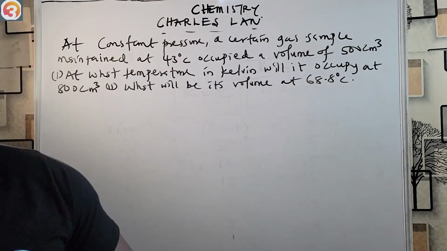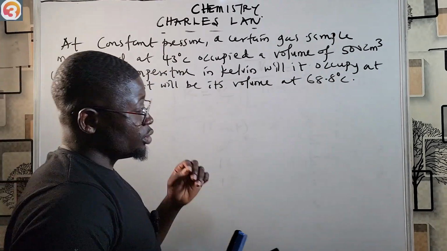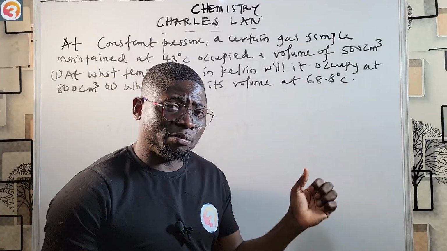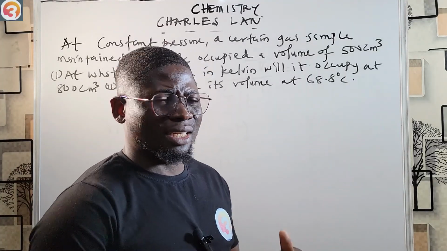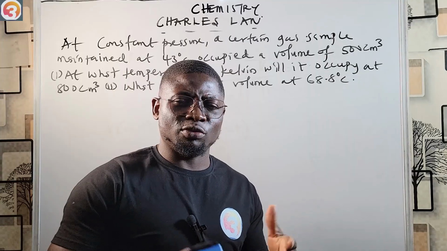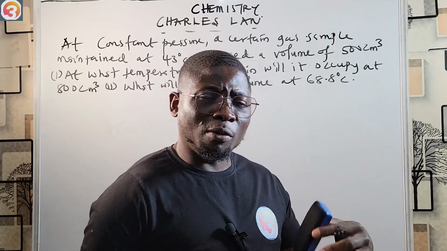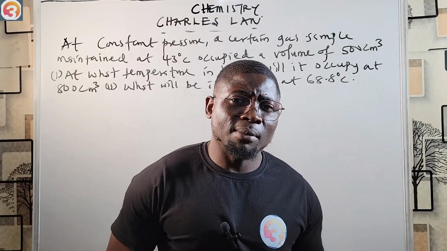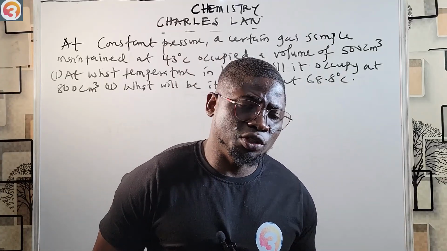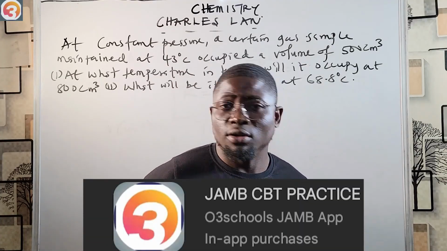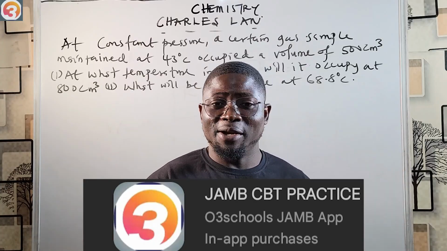All right, welcome back. Like I've said, we're taking this example from the O3SCHOOLS JAMB app to show you how to use the formula to solve questions, just like we did with Boyle's law. On your own, go to the O3SCHOOLS JAMB app, use the question search feature, select chemistry, and search for Charles' law. You will see a lot of questions come out.